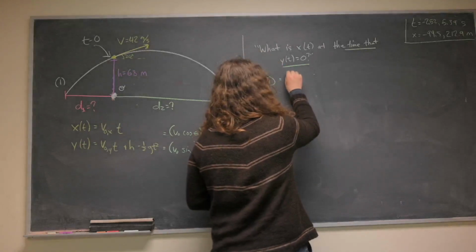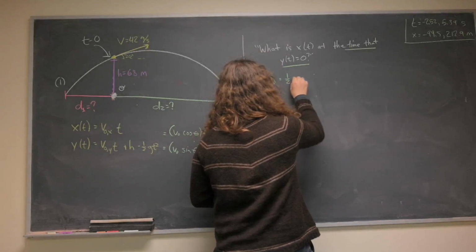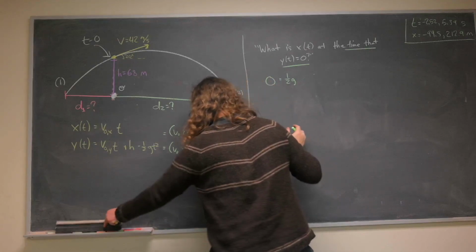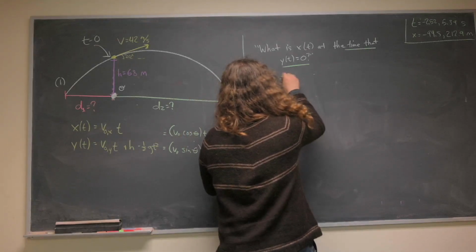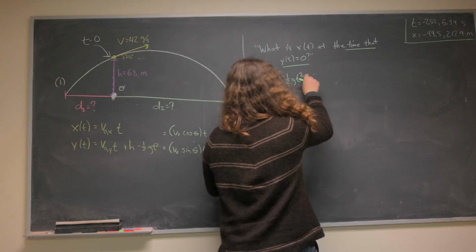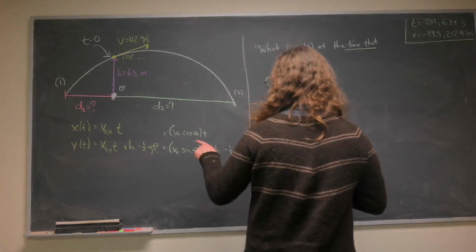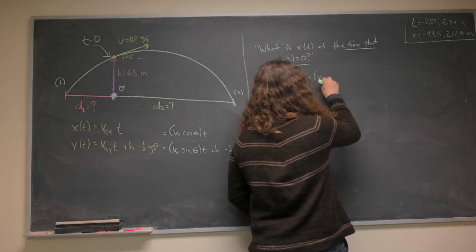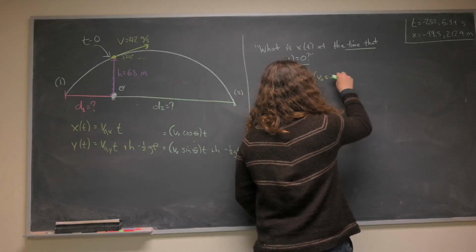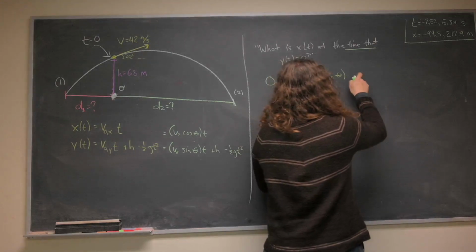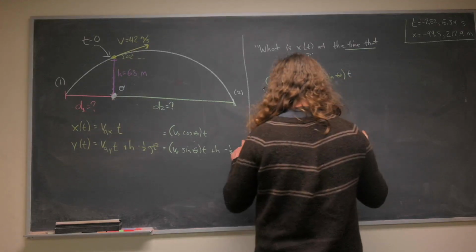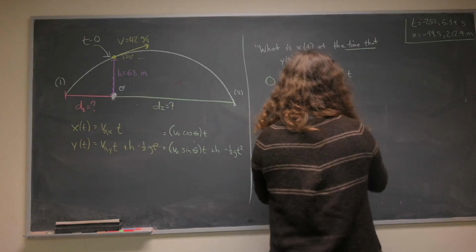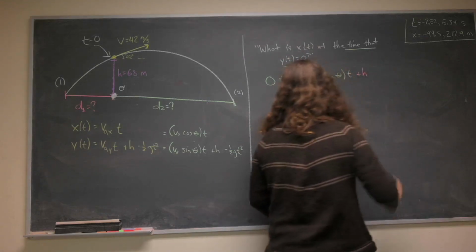So I have 1/2 g with minus sign times t squared. Then I have the velocity term plus v naught sine theta times t. And then I have this term plus h.